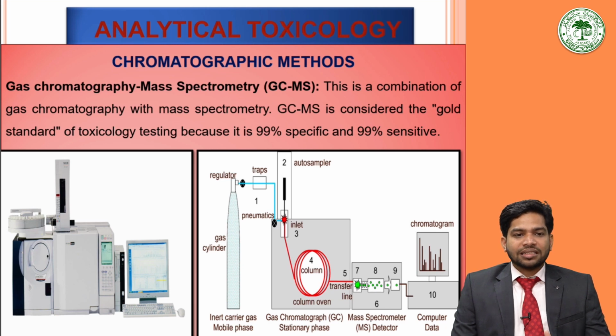So this is the lab picture of the GCMS, and here after the performance of the gas chromatography, the ejected material or the constituent is subjected to mass spectrophotometry, and according to the mass charge ratio, they will travel through the mass spectrophotometer and they will be detected on the chromatograph, and that will help to decide the type and the nature of the compound. So in this way, this GCMS is functioning.